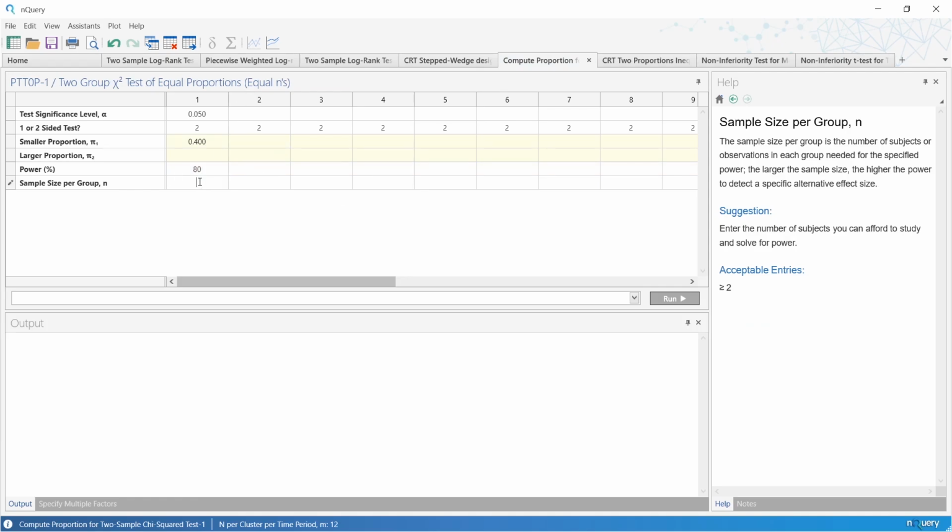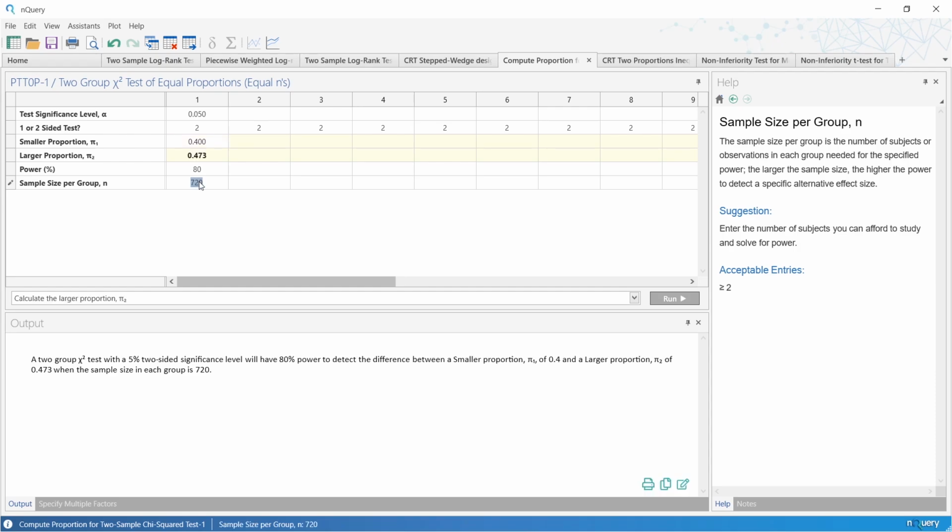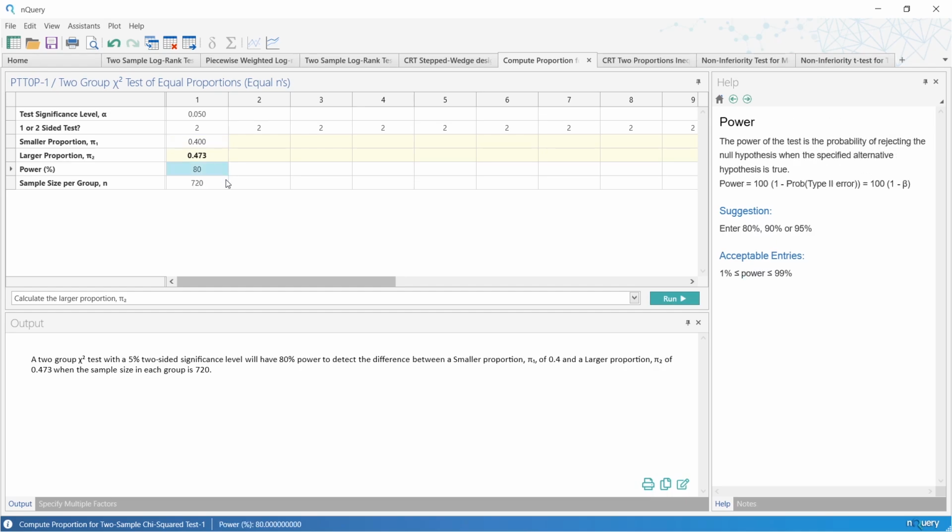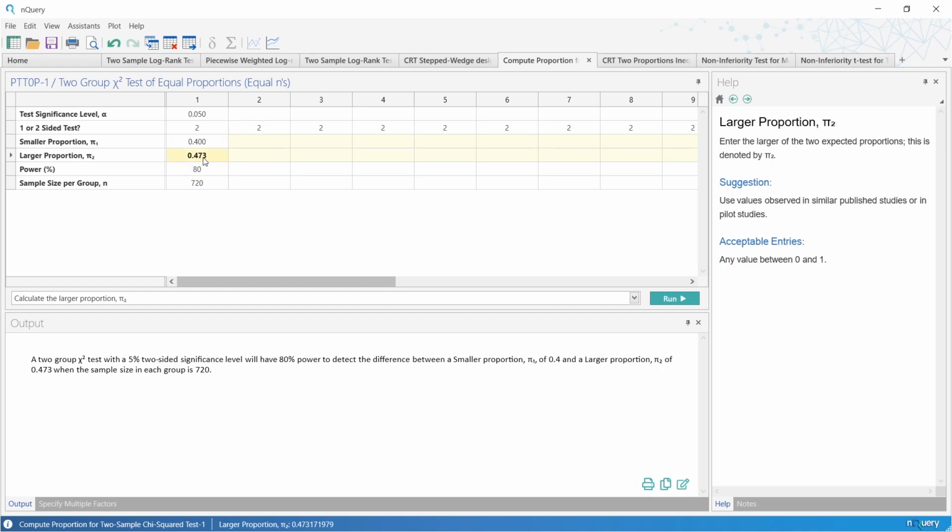If we take 1440 and divide that by 2, we should get something like 720, I believe. And in that case, if we had just assumed that this wasn't a cluster randomized problem, we would have been over optimistic. We would have said we could get effect sizes as low as 0.473. And that would have obviously been a major mistake on our part.